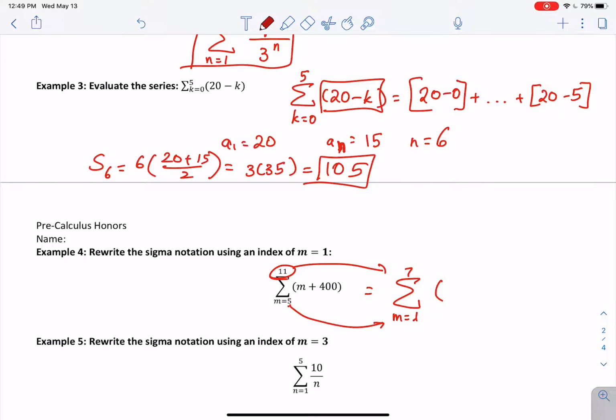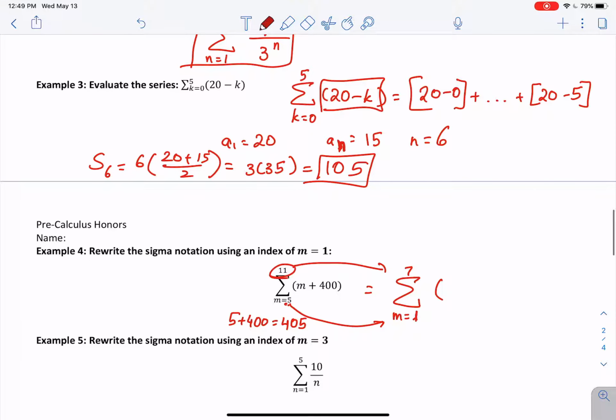Then the formula also has to adjust for this. Since we went down 4, well, I need to make sure that the number I get when I plug it in is the same number. So for example, here when I plug in my first term, I get 5 plus 400, I get 405. But over here, if I plug in 1, I get 401. I need to get 405, which means I need to add 4 back, right?